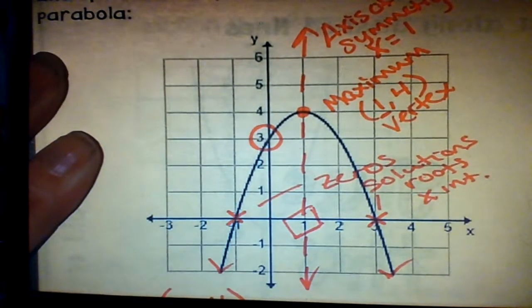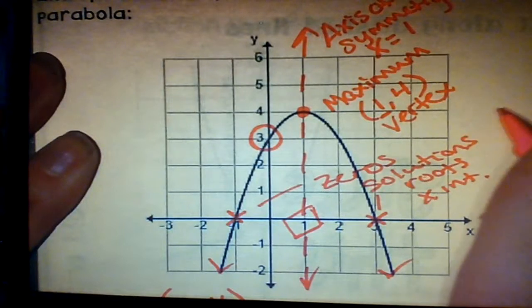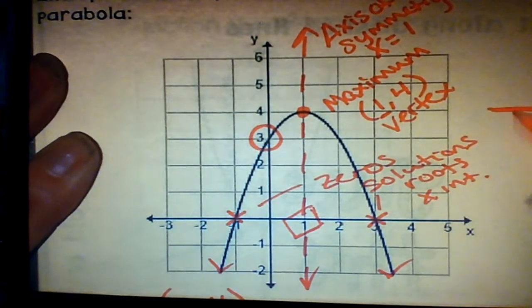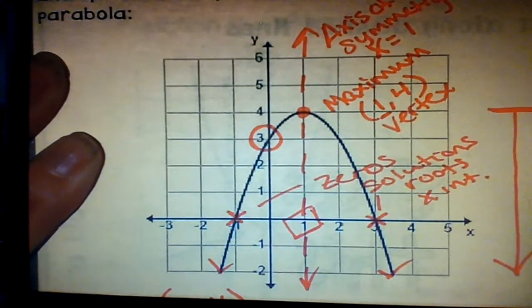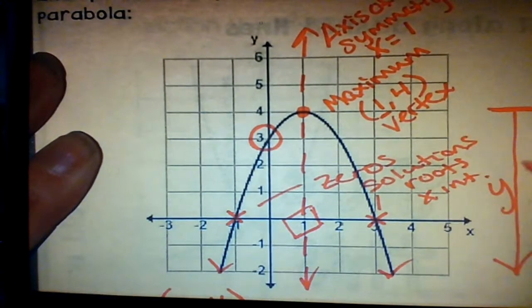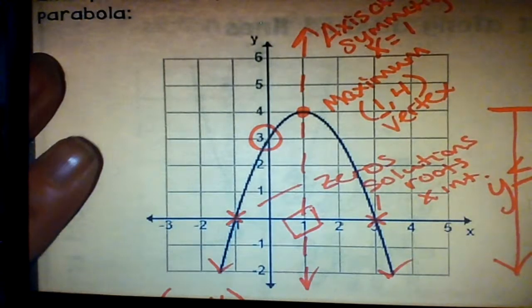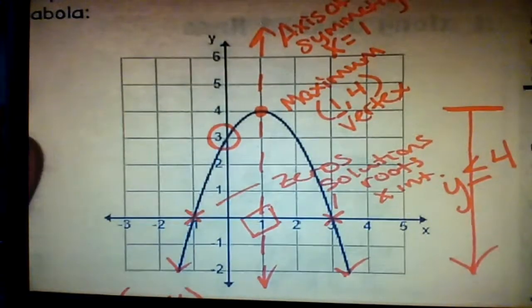The only thing that's going to change here is my range. Because now my graph goes from here down, so y is less than or equal to 4. Because it's flipped upside down, it's less than or equal to.